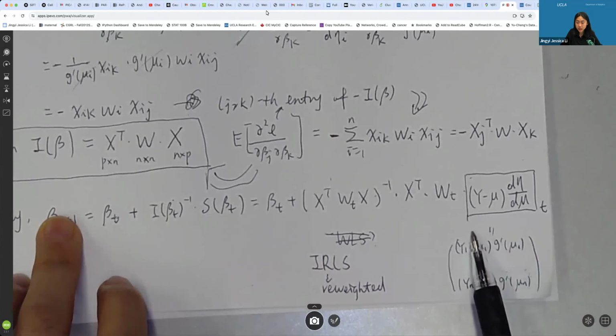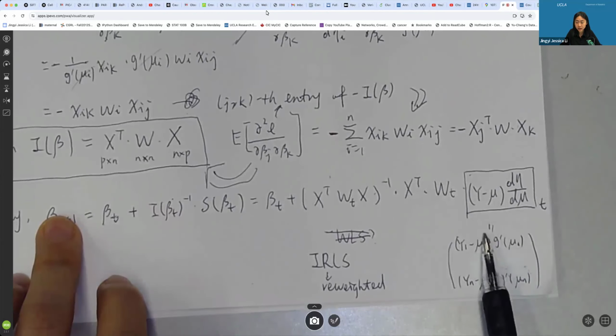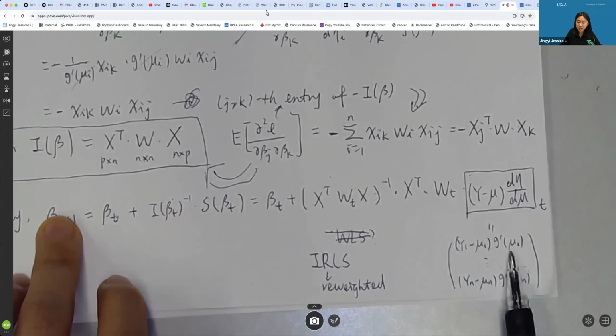However, what we're doing here is that we subtract the mean and we multiply by this g function. Remember, g is the link function, and the link function is trying to map whatever range of the mu i to the real line, the real values. So therefore, you can consider this to be a transformation of yi to be kind of like a Gaussian random variable.